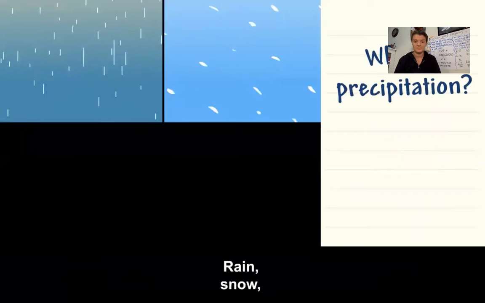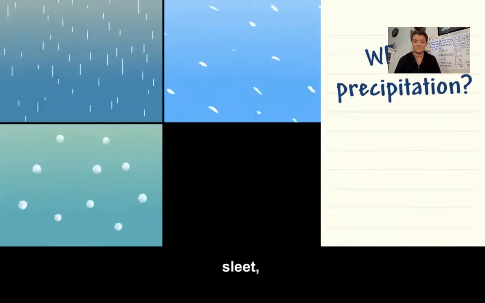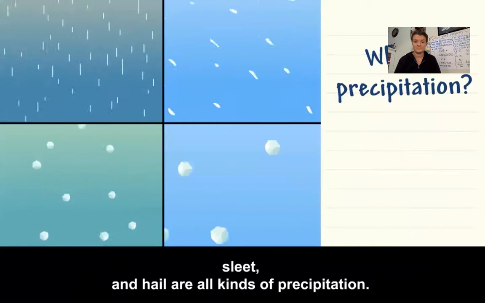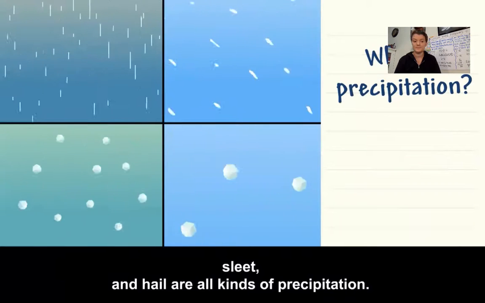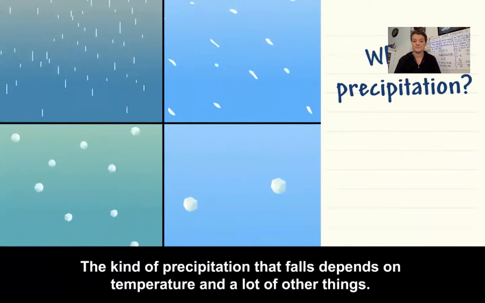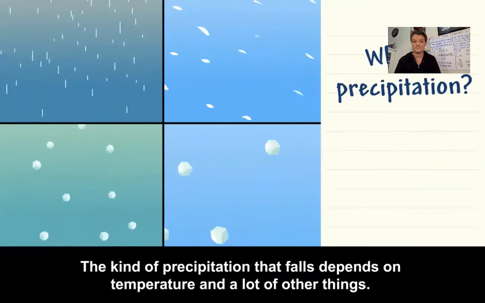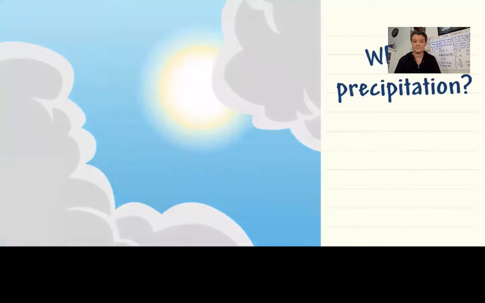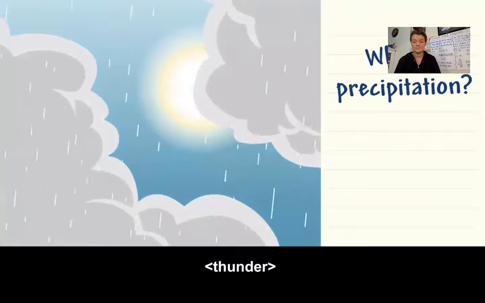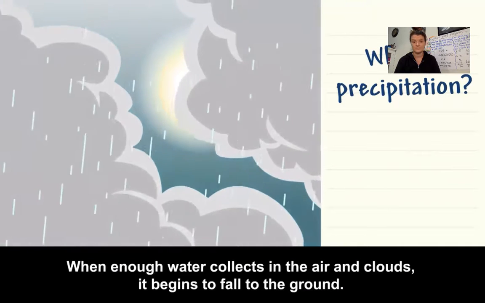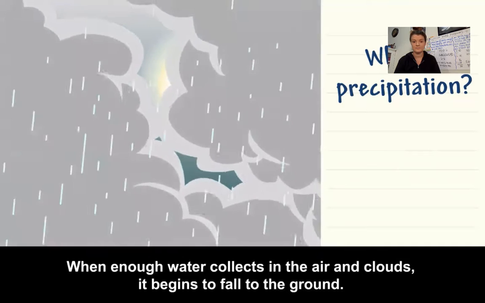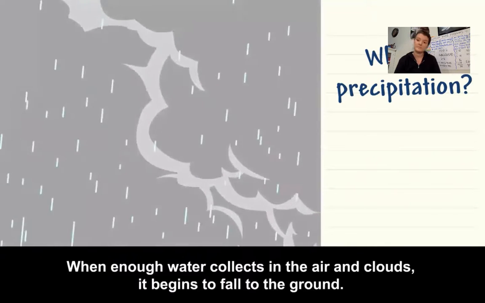Rain, snow, sleet, and hail are all kinds of precipitation. The kind of precipitation that falls depends on temperature and a lot of other things. When enough water collects in the air and clouds, it begins to fall to the ground.